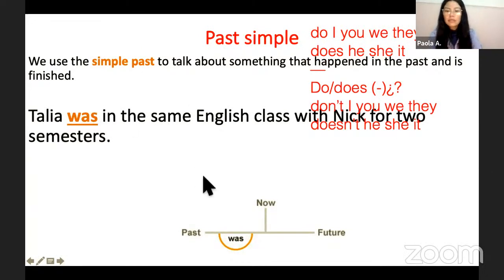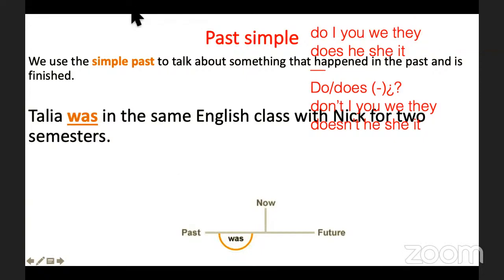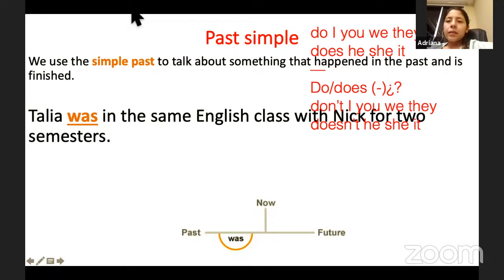Okay, let's see this example. Adri, can you read it? You can see, no? Talia was in the same English class with Nick for 2 semesters.